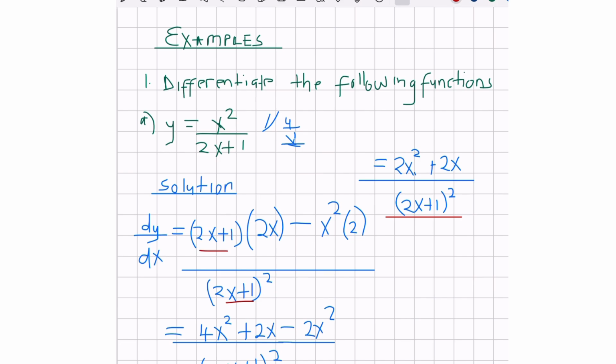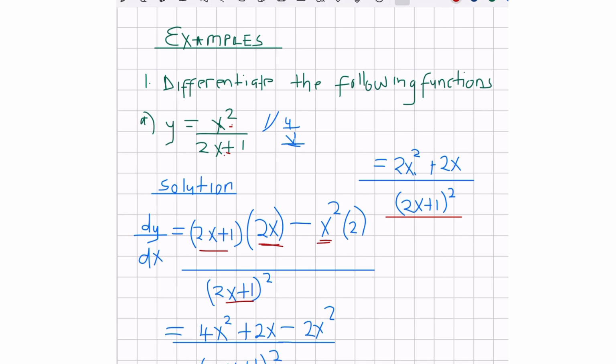Then we differentiate x squared, and if we differentiate x squared, you get 2x, like here. Then we subtract. We now keep our numerator, which is x squared, and we differentiate 2x plus 1, the denominator here, and you get 2.